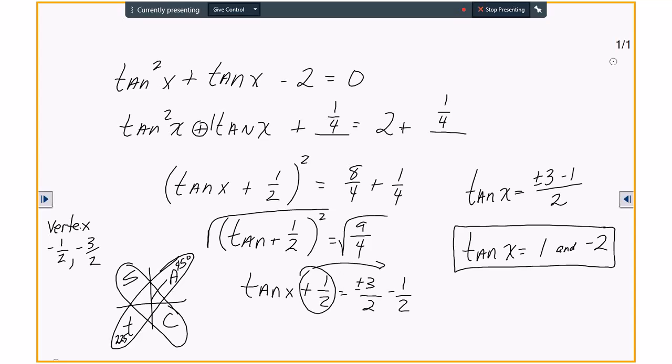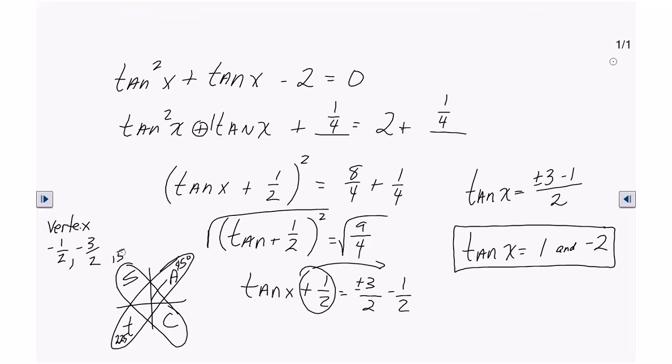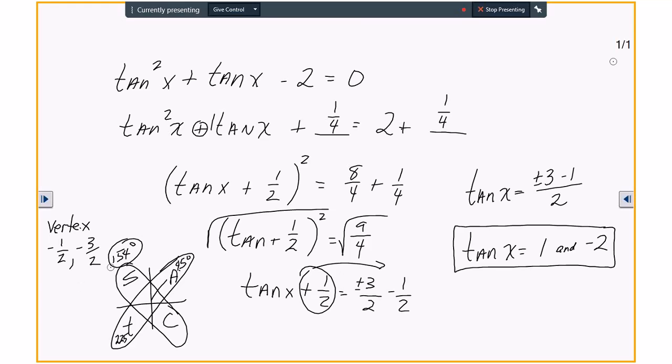Okay, so 64 degrees, 63.5 degrees. So add that to 90 degrees. Add that to 90. What is it? 154 is good enough. So 45 degrees, 155.